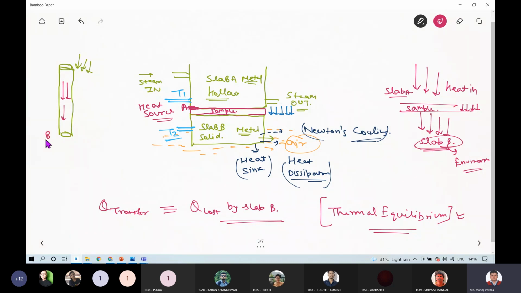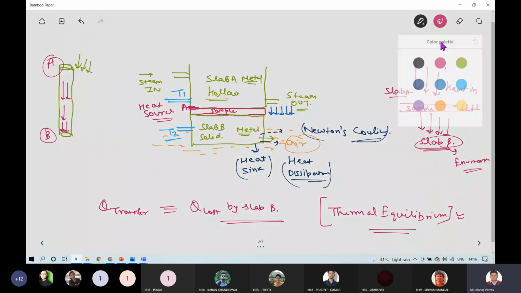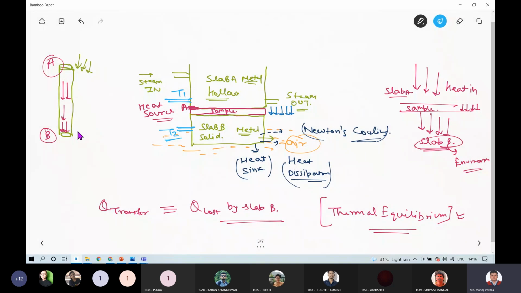But at this point B, there was water circulating through this coil, which was absorbing the heat energy. Q absorbed by water was equal to Q transferred through the rod.